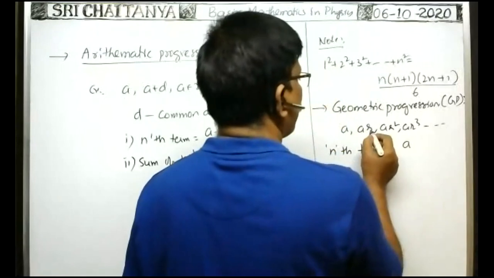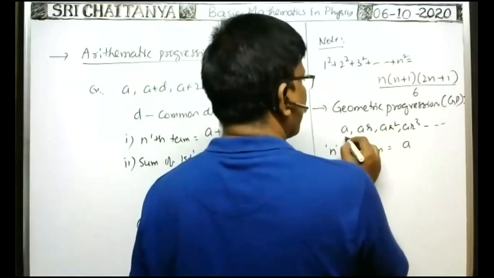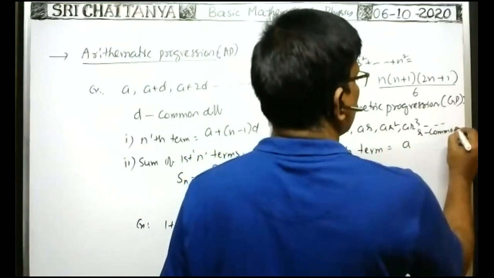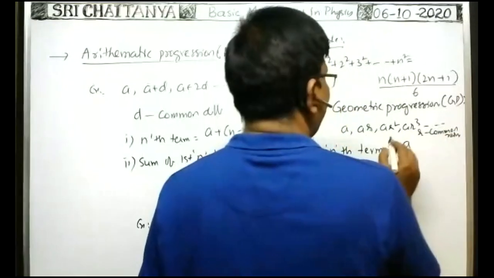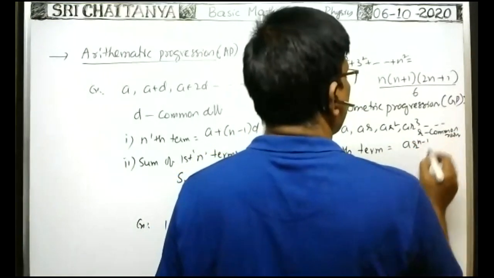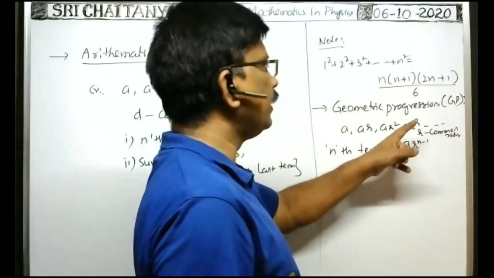Here AR by A is R, AR square by AR is R. So R is the common ratio. The nth term is equal to A into R to the power of n minus 1. It is the nth term in GP.